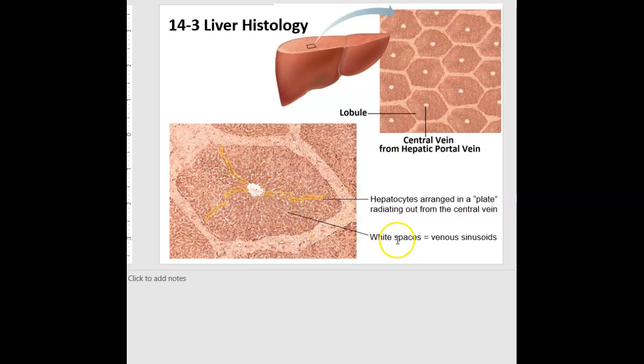A plate of hepatocytes is outlined in yellow on the lower diagram. In between the hepatocytes there's some white spaces, and those white spaces are blood sinusoids, and they carry venous blood.